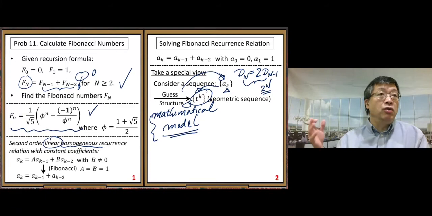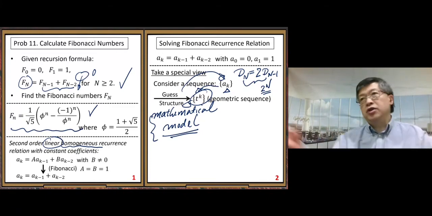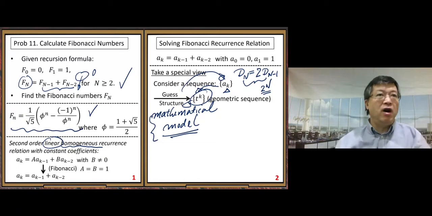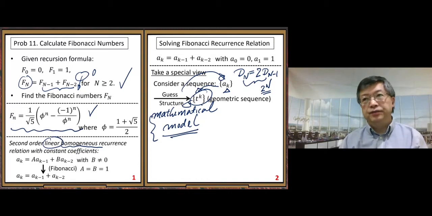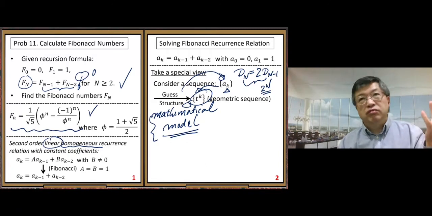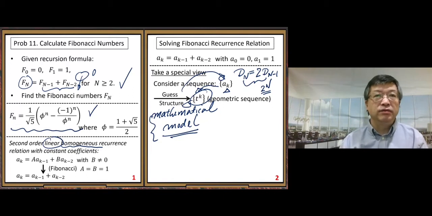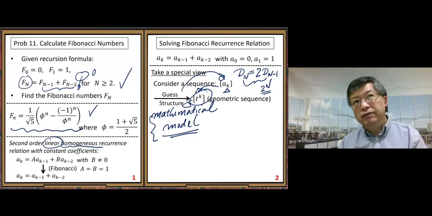People just choose the wrong model. If you choose the wrong model, you cannot solve it. You cannot go very far. You just get stuck somewhere, right? Probably some of you can try a different model. That's very likely.